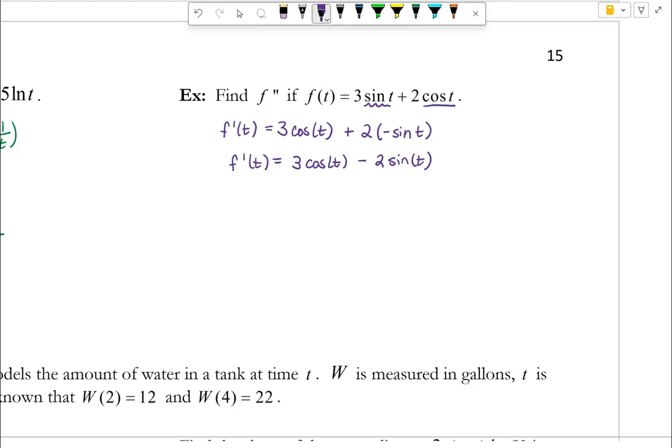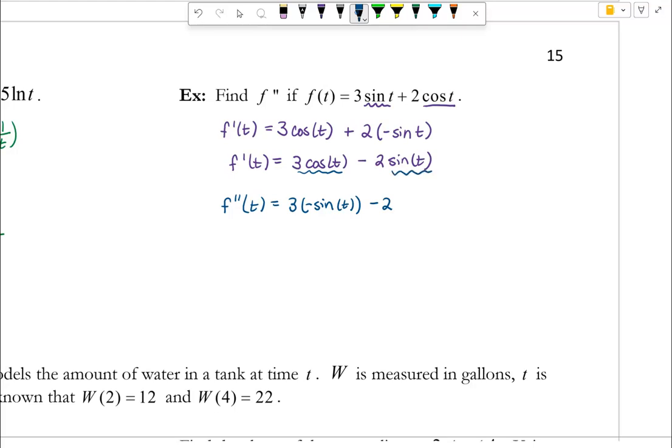But we're asked to find the second derivative. So now when I take my derivative of f prime of t, I have to watch out again here that I get 3 times negative sine of t. So anytime I take the derivative of cosine, in fact, more generally, any cofunction, I'm going to have a negative derivative. And then over here, my negative 2 comes along for the ride.